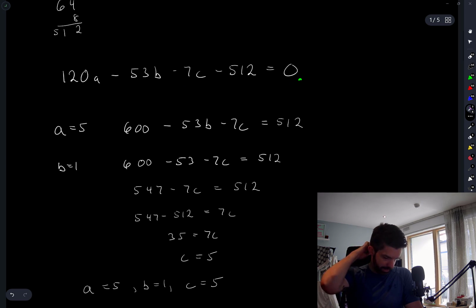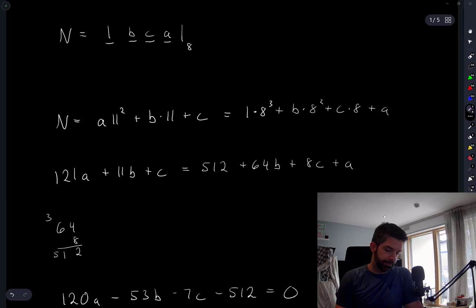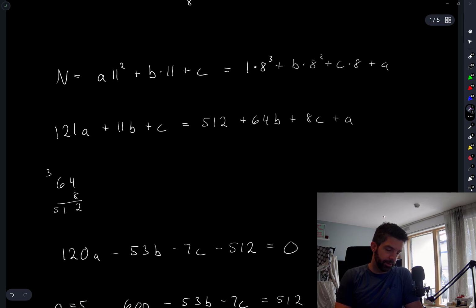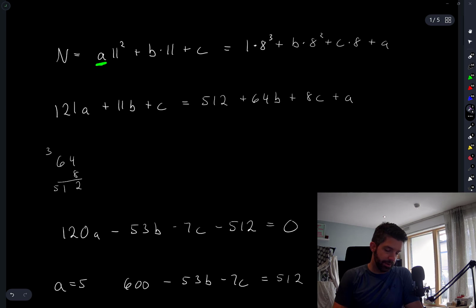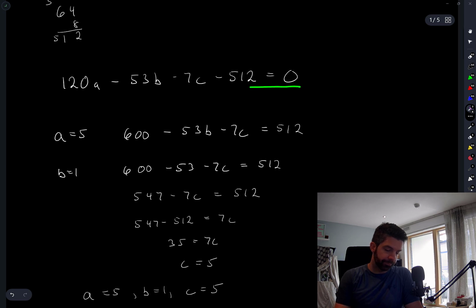And then I realized, because we're looking for the smallest possible value, the first thing I wanted to do is choose the value of A here to be as small as possible, such that we even have a hope of solving this.